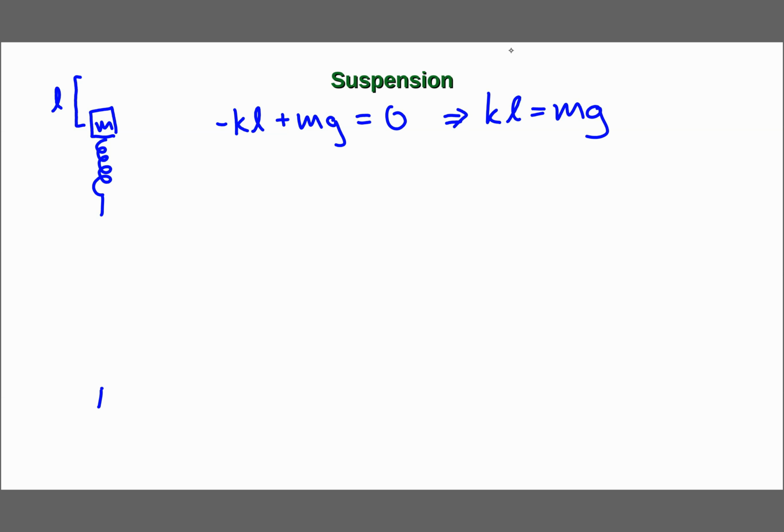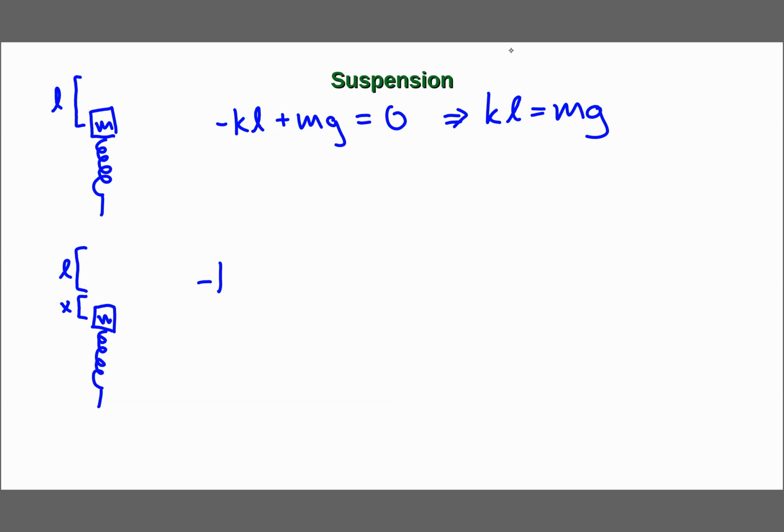But then if we consider the case where the spring gets squished a little bit more, so it would sit L down and gets squished a little more, a distance x, I can do the same thing. Again, I'm just using Newton's second law, writing the definition of the forces without the signs.